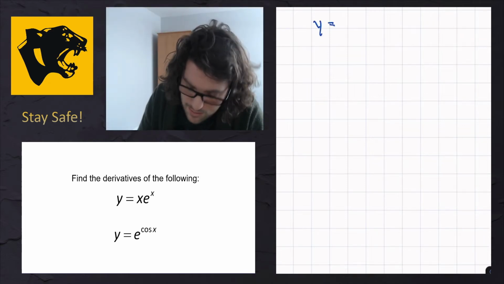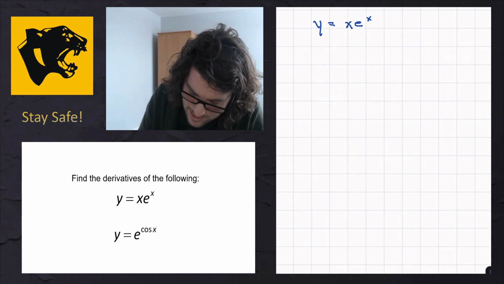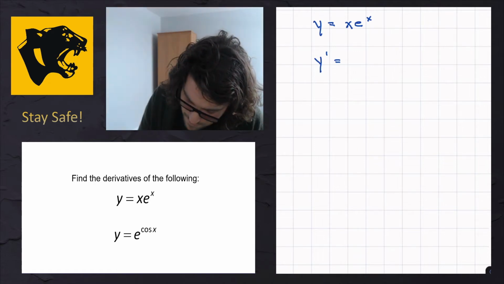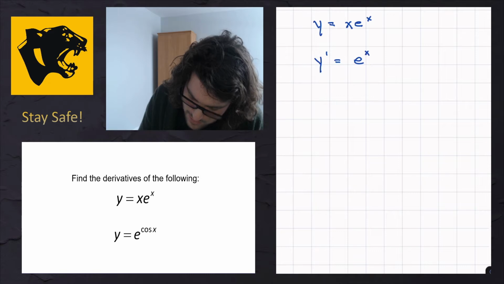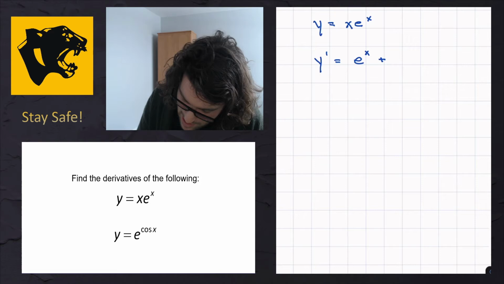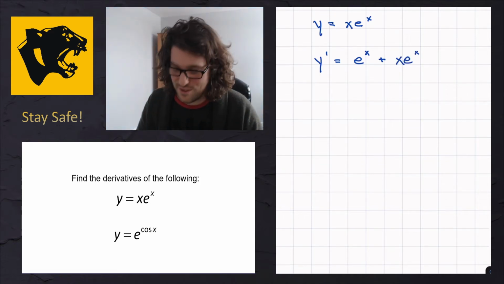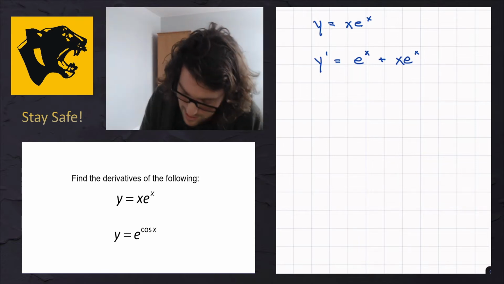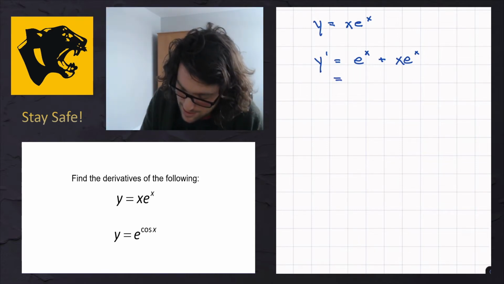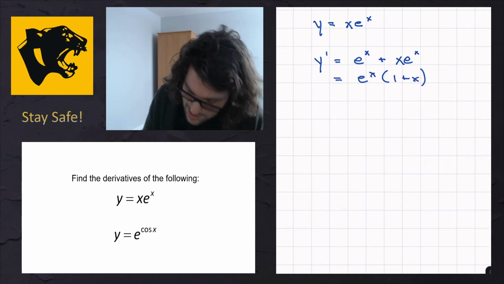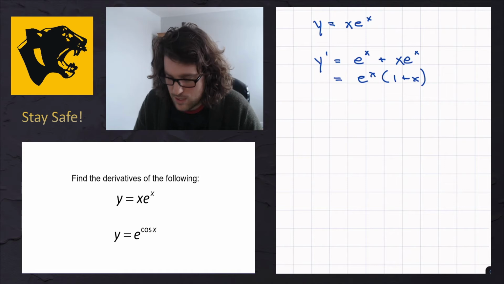We'd have y = x e^x, which means y' is, by the product rule, x times e^x: the derivative of x is 1, leaving the other thing alone, so e^x, plus x times the derivative of e^x, which is e^x. Even though it looks like I didn't do anything, I actually did, and we get e^x + x e^x. If we wanted to, we could factor out the e^x and get e^x times (1 + x). It's pretty tidy.